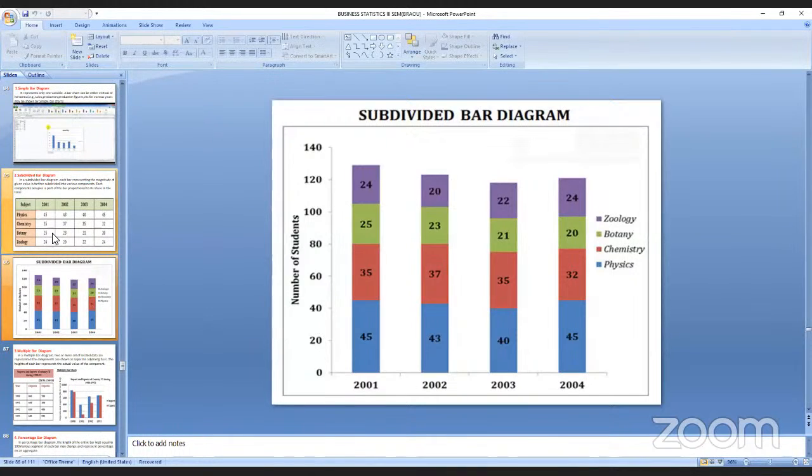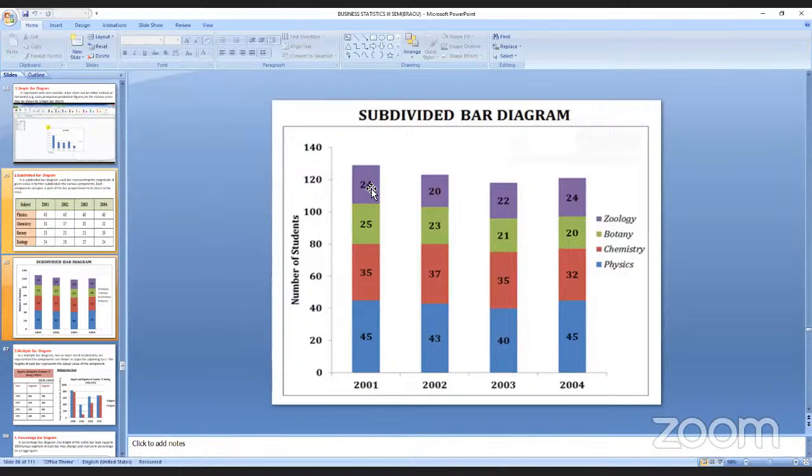And the next is 25. By adding all this, the third one is 125. Till 125 is the value of 2001, and the remaining is 24. Got my point? It is subdivided in only one simple bar.